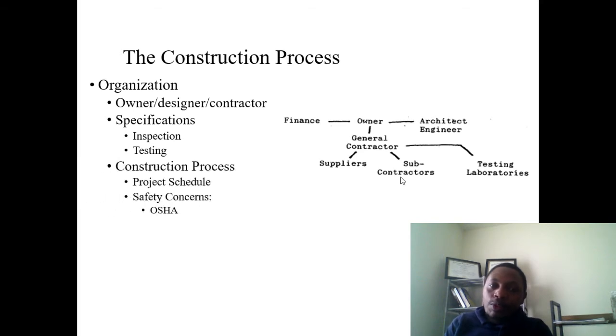And then you have the document usually used in the construction industry, and that contains the specifications. So each material must have the specifications which must be adhered to by the general contractor, and thus it will also detail how the inspection is going to be done and how the testing will also be done.